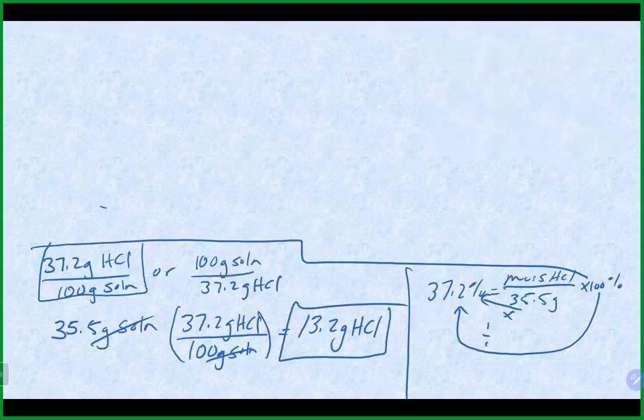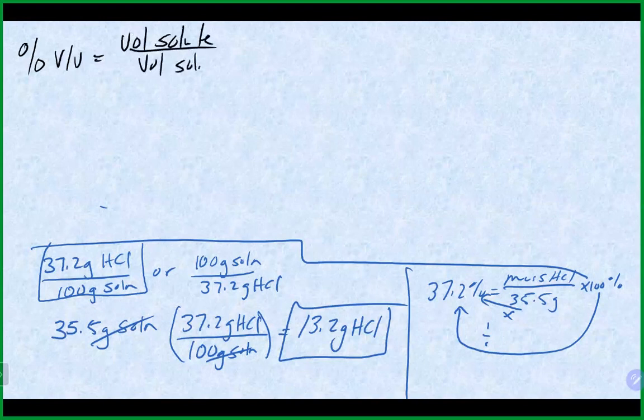One is percent by volume, percent volume to volume. That is the volume of the solute divided by the volume of solution times 100%. That's like percent alcohol by volume.